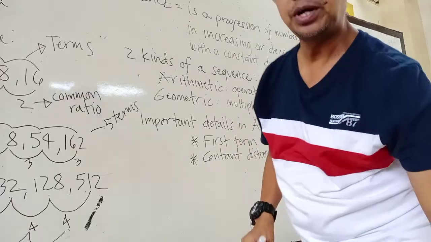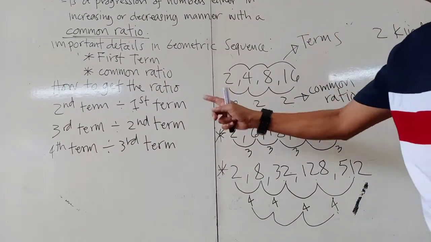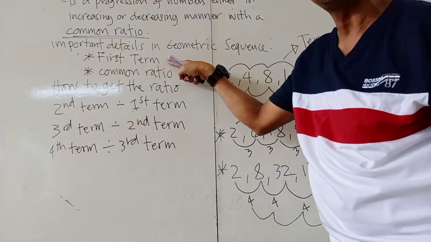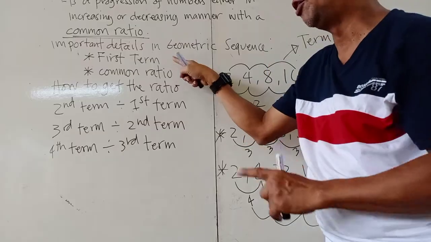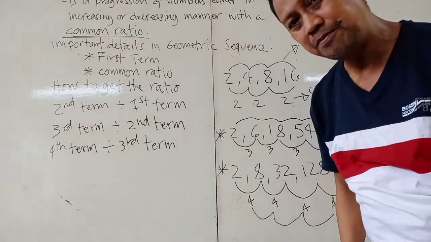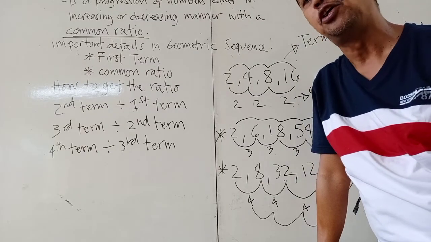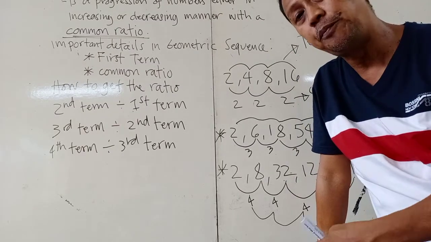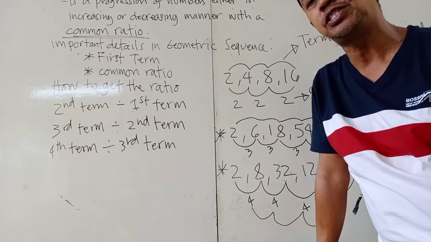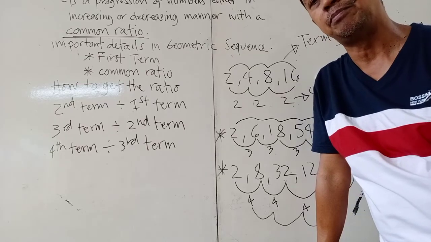And whenever we go to geometric, still there is a first term, but then we have a common ratio. So I hope by this time, our first module is quite easier for us to answer now. I hope you can answer the questions properly. And if you have any questions, just refer to me and chat me regarding the problem.